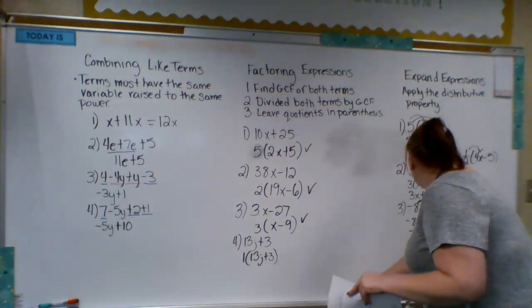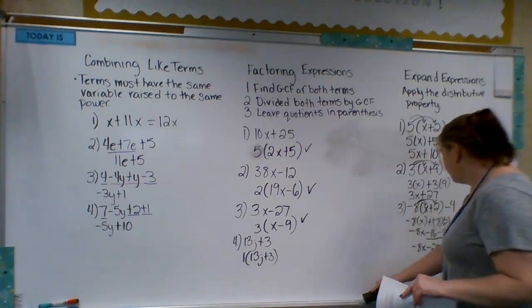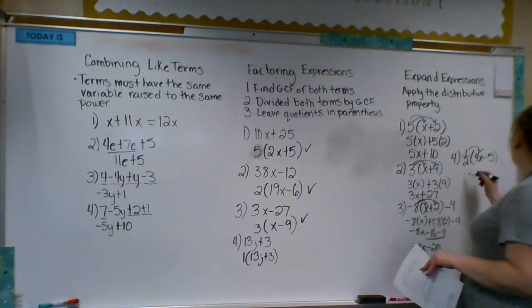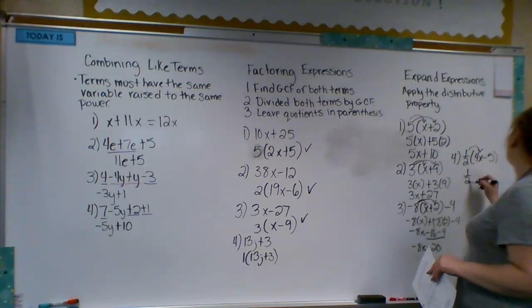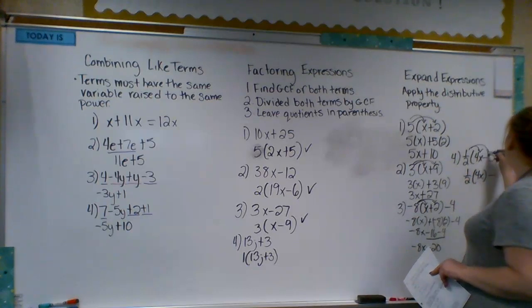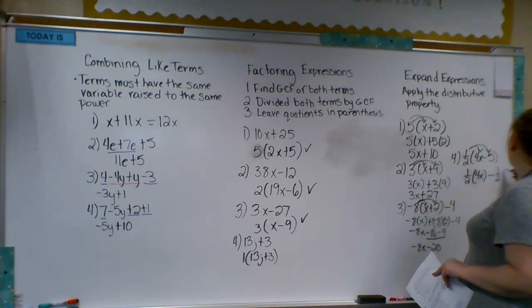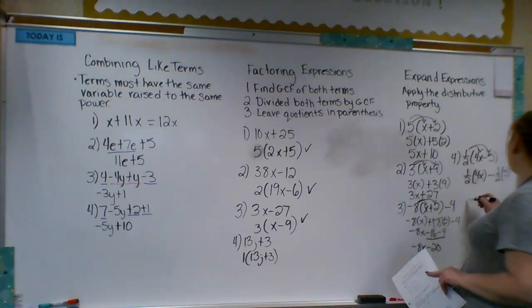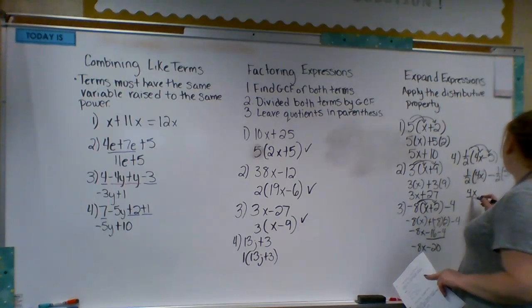Let's finish real quick. 1/2 times 4x minus 1/2 times 5. So 1/2 times 4x would be 1 times 4x, which is 4x over 2, and 1 times 5 over 2.